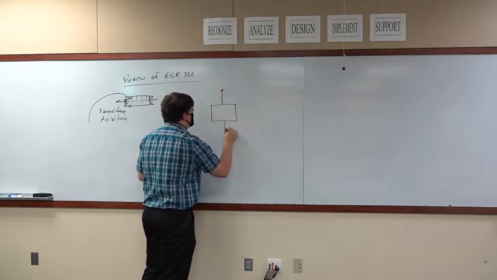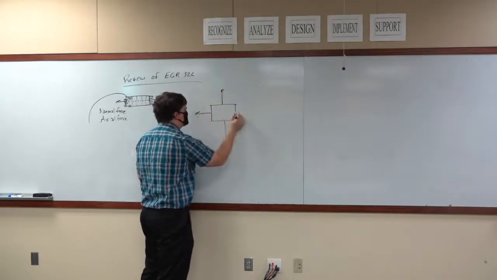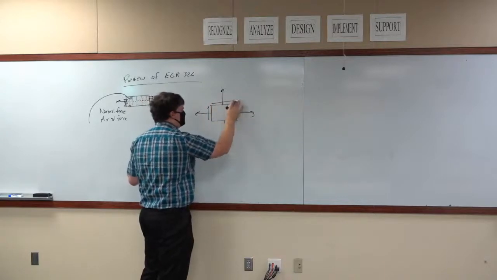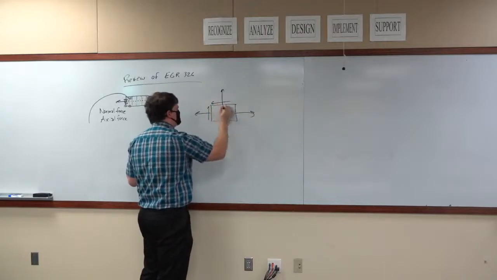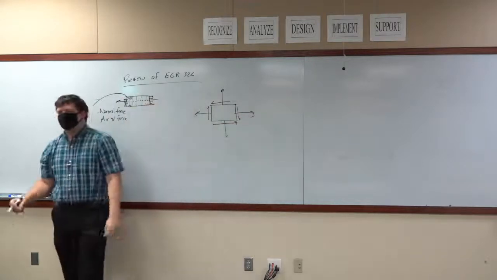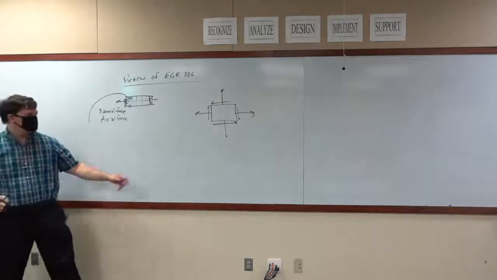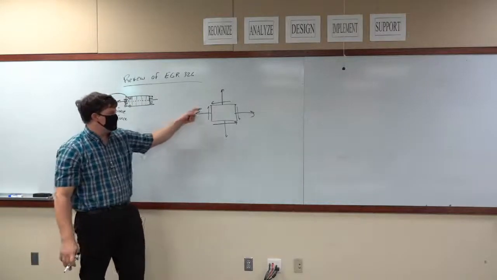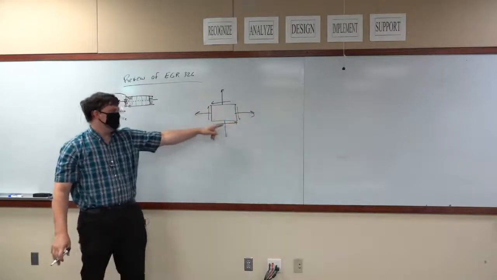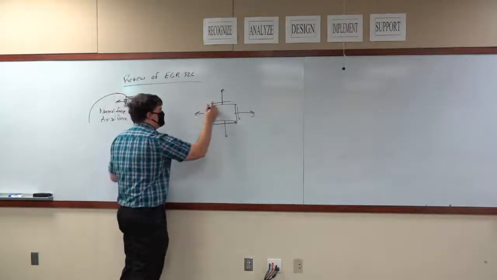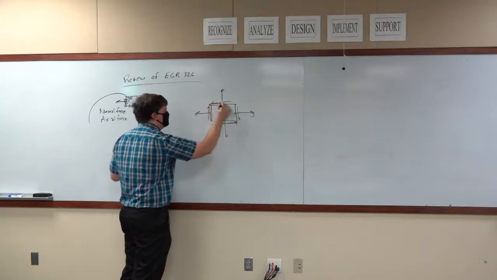If we're going to draw just in the two-dimensional directions, the total forces that could be exerted on this cube are right here. These are your shear forces, these are your normal or axial forces, okay? This is just in the two-dimensional area. We're assuming that this cross-section is really small.